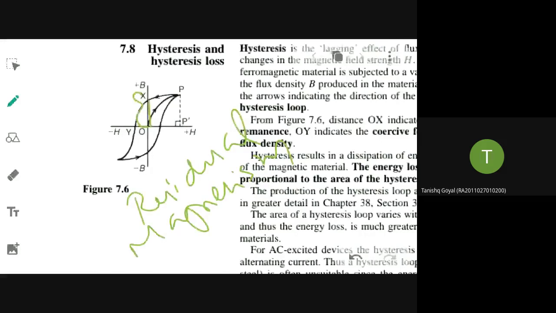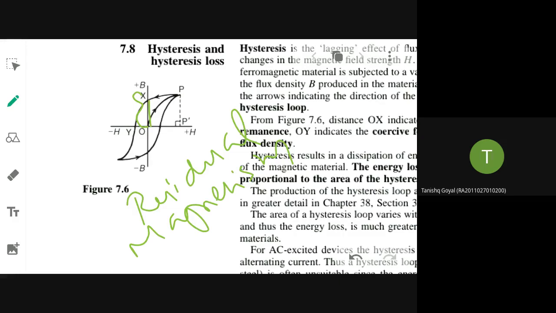Suppose you are taking a fresh magnetic specimen and trying to magnetize that unmagnetized material. It will already have some remaining magnetism property in it. Because of that, even though it is not being given any current, it will still exhibit magnetic property.